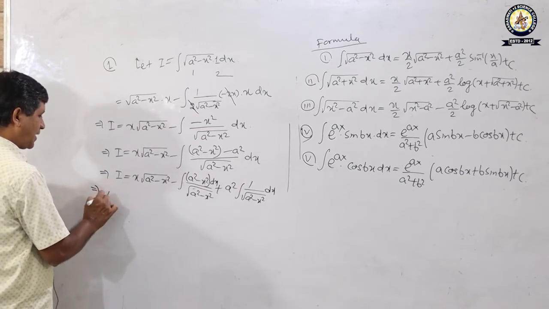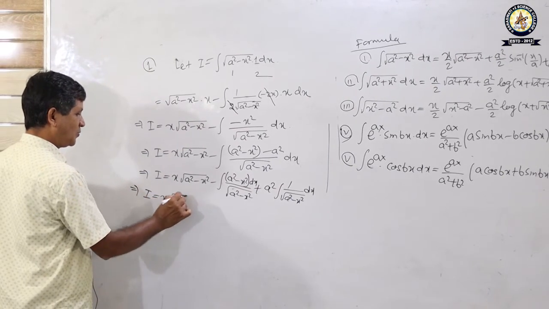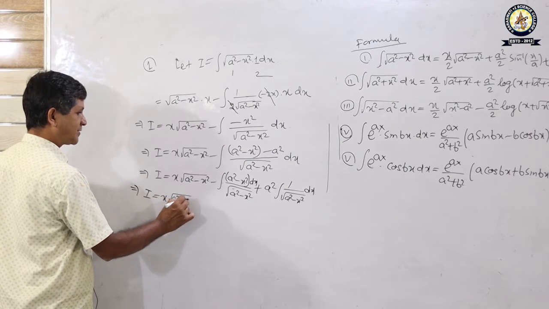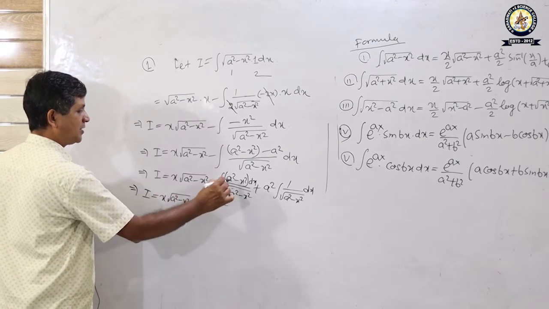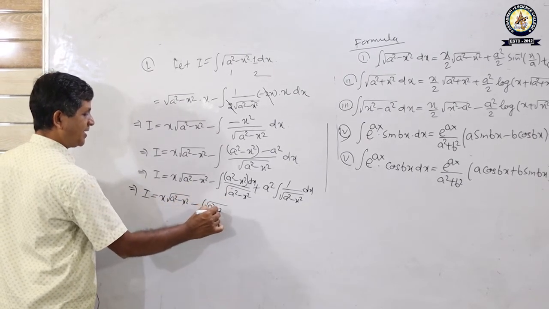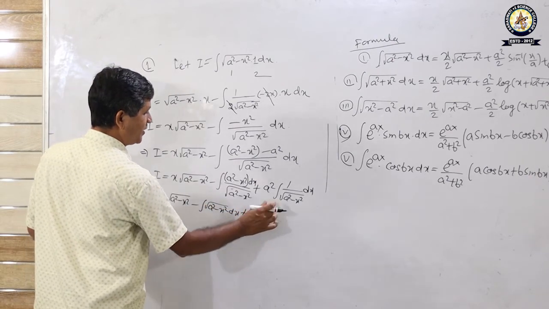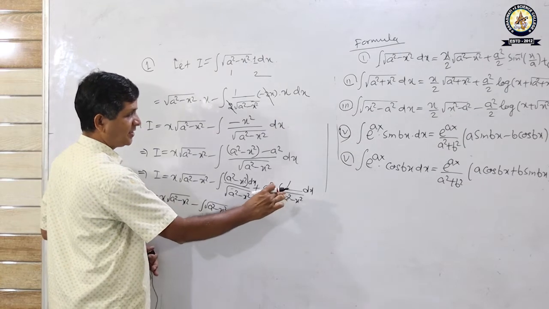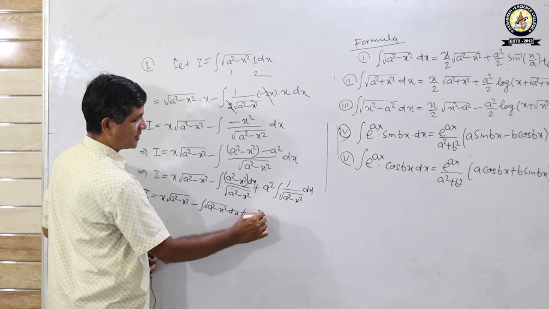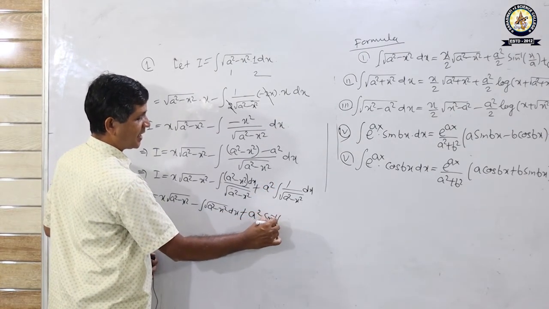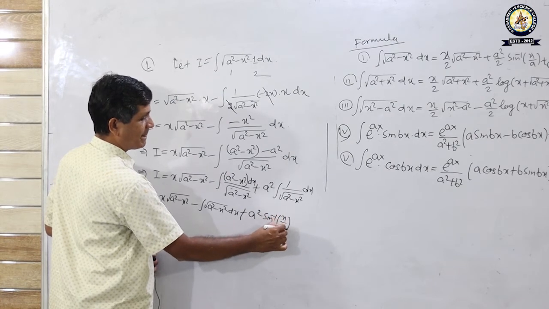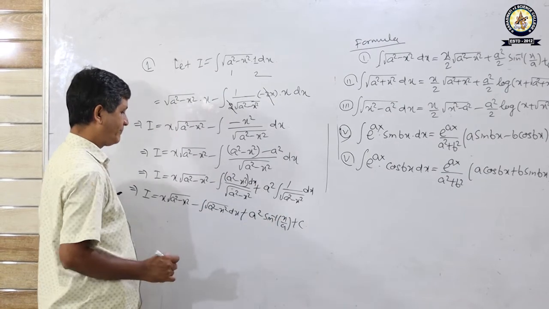Implies I equals x root of a square minus x square minus, here the factor cancels, root of a square minus x square into dx, plus a square into, what is the formula for this? dx by root of a square minus x square, it is sin inverse x by a plus c.